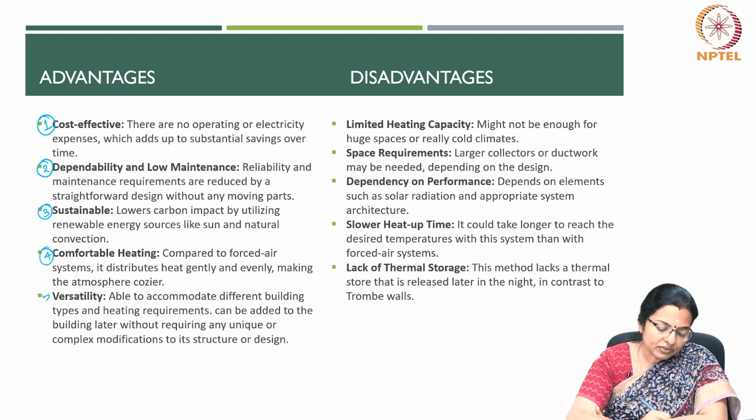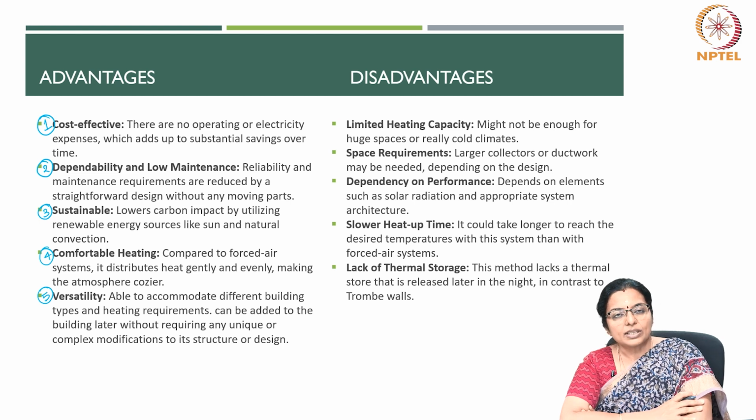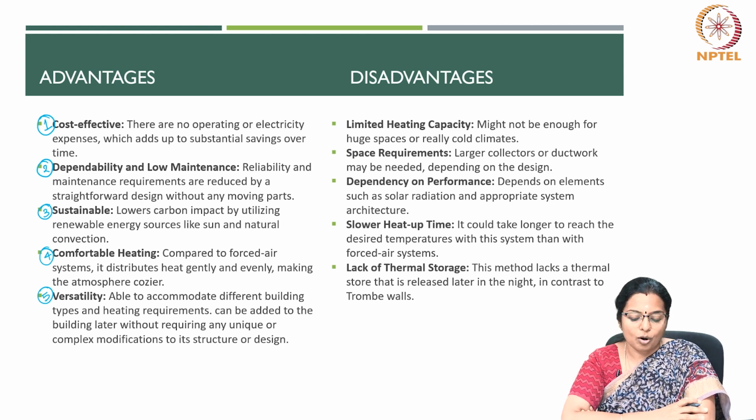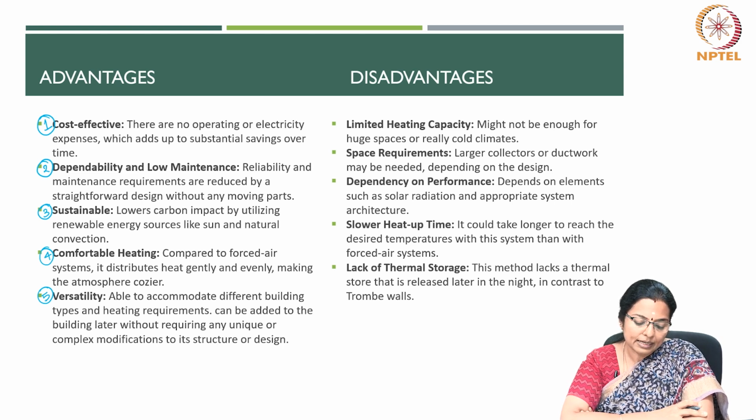Fifth is its versatility. This system is able to accommodate different building types and heating requirements. These can be added to the building later without requiring any unique or complex modifications to its structure or design.